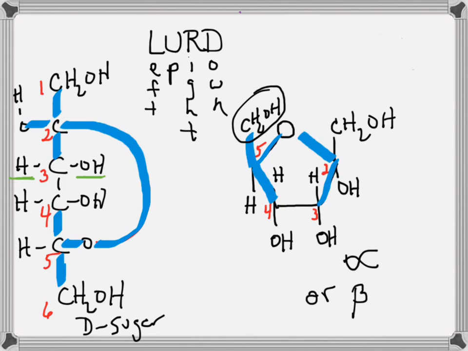The next question is, we'll just finish up by going back to which form we are staring at, the alpha or the beta. To determine that, you first find the anomeric carbon. The anomeric carbon, I will circle in red, is right there. I know this because this is the only carbon that has 2 bonds to oxygen.